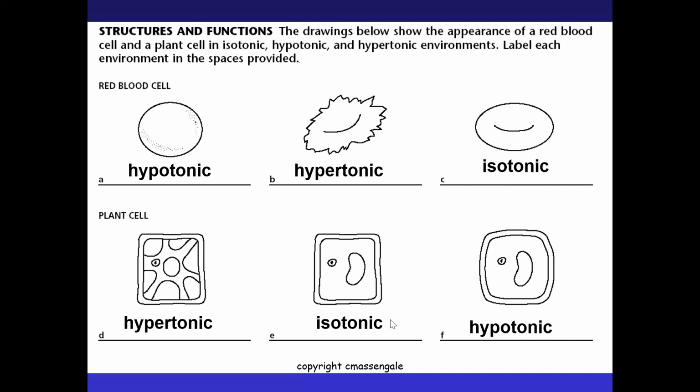This is a plant cell, and this is a mitochondria. And of course, remember in a cell, we have the cell wall. So now, look at this. This is the natural structure of the cell in the case of isotonic.